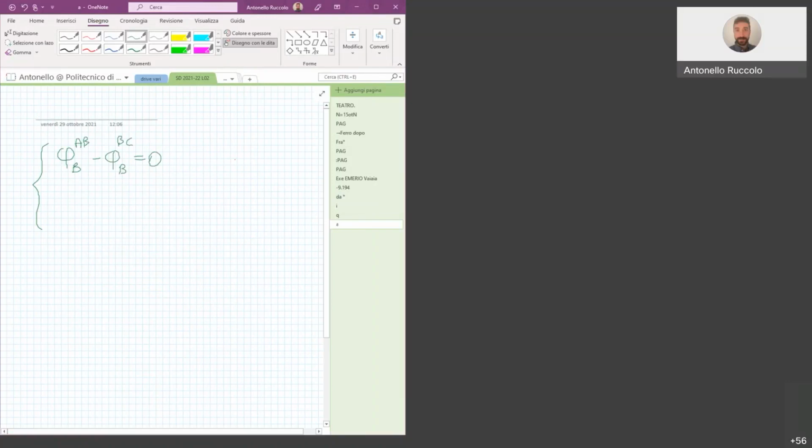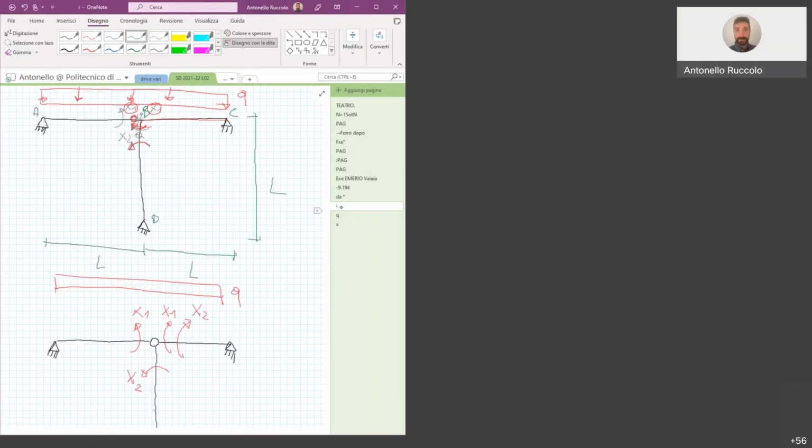When this internal rotation is equal to 0, it means that the continuity on this first part of the beam is restored. Do you agree? Because initially we put this hinge, and now we are trying to remove it, applying the compatibility equation.